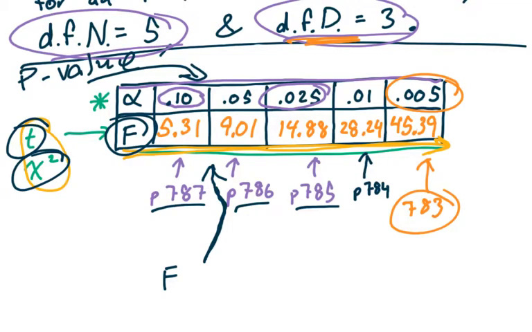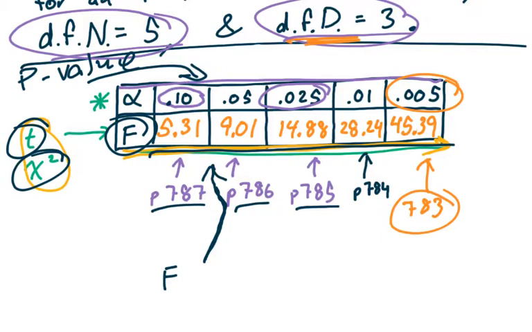So basically, we're going to play this same game. We're going to see where F is in relation to these critical F values, and then that will give us not the precise area underneath this curve for our particular test statistic.